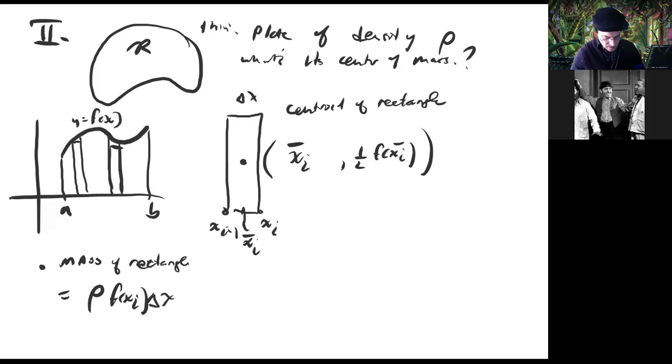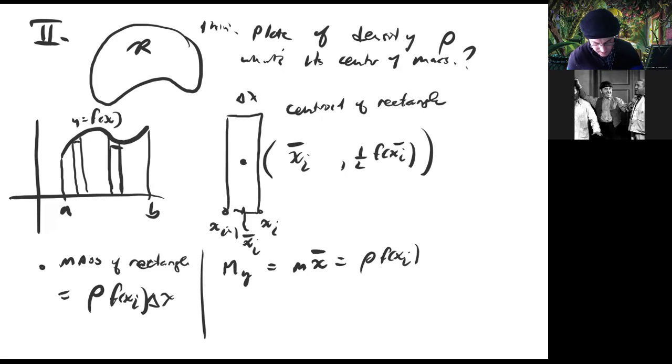And now I want to compute the moment about the y-axis. So that we saw was M times x bar, and that would be what I just computed, the mass, which would be rho f of x_i delta x, times x_i bar.